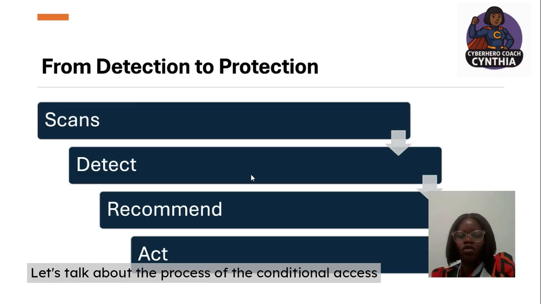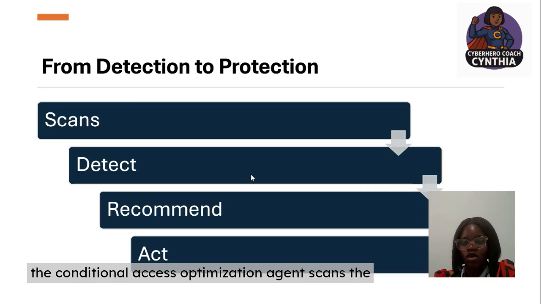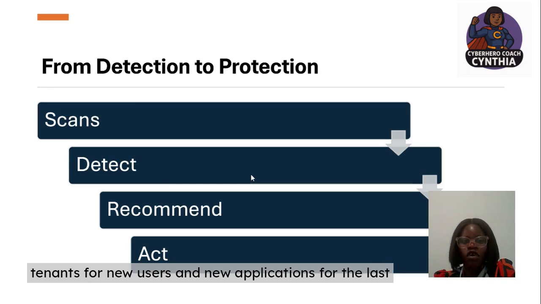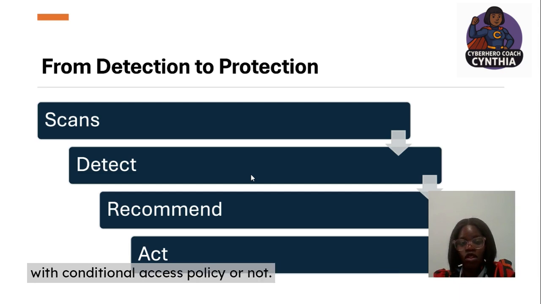Let's talk about the process of the Conditional Access Optimization Agent. It scans the tenant for new users and new applications from the last 24 hours to see if they are protected with a conditional access policy or not.